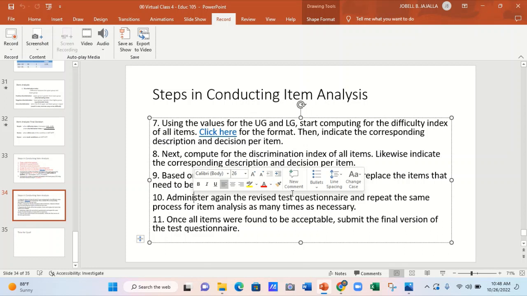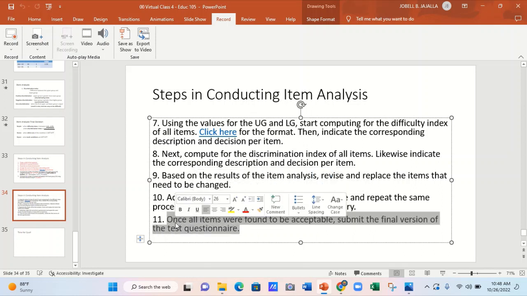Basta you can only submit the final version of the test questionnaire once all items were found to be effective and acceptable. Kung nakapasar na ta ng items sa item analysis, pasabot ana, pwede na siya i-submit ang final version. Na-finalize na ang version sa test questionnaire.